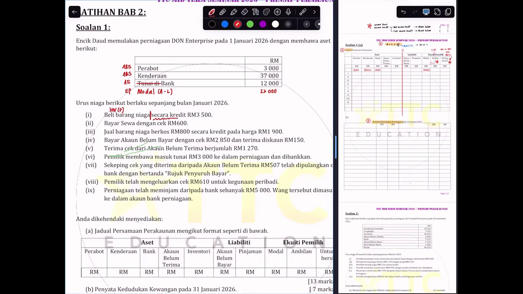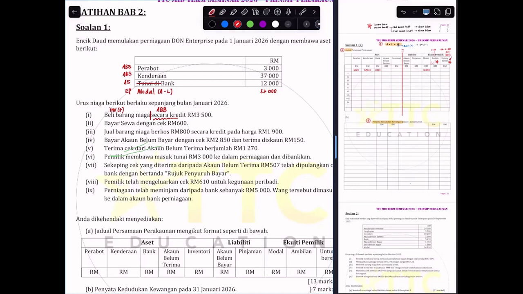Have you got the payment yet? If it is secara kredit, not yet. And now you are buying, right? You buy, haven't paid, we call it akaun belum bayar. Bayar, because in Malay, pay money means bayar. You haven't paid, so it's called belum bayar. So account belum bayar.